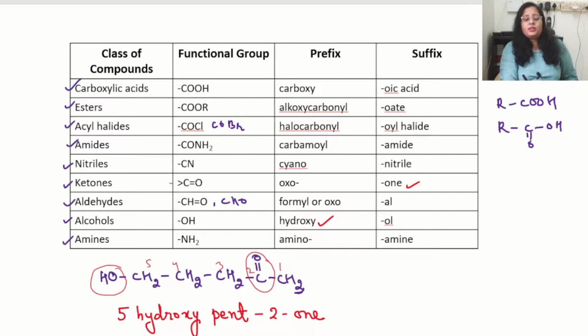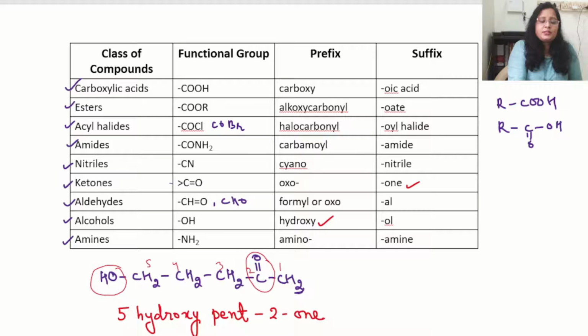So this will be the name of the given compound. We can see ketone is given the top preference, so it is written in the suffix form, and alcohol is given second priority, so it is written as a prefix with the name hydroxy. So this is the use of prefix and suffix names of the functional groups.